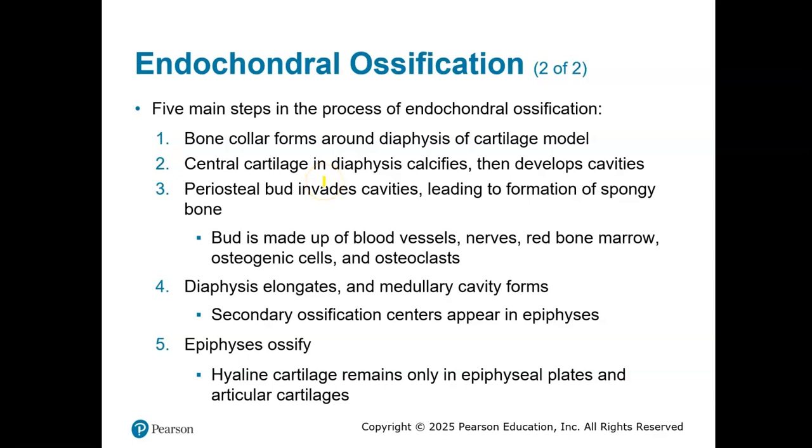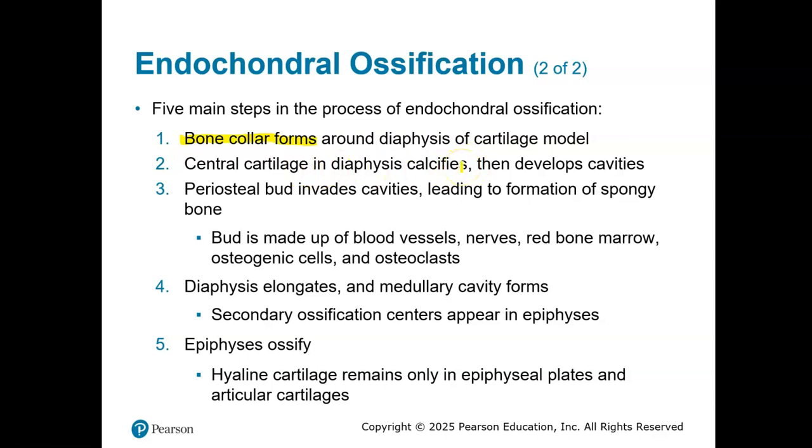I like the notes that go along with the illustrations, but for step 1, you need to know that a bone collar forms in the diaphysis, and I would also add that a primary ossification center forms in the diaphysis.